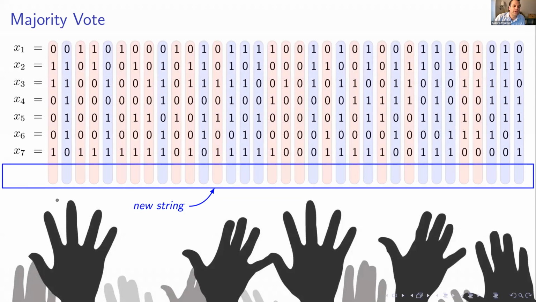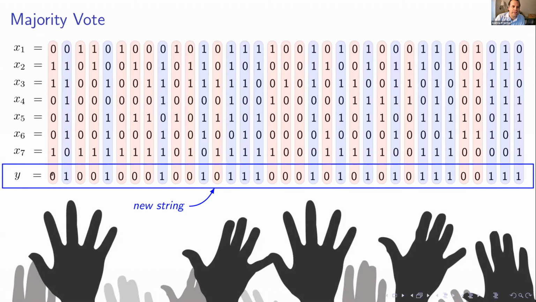So here on the slide, all of the columns that have majority zeros I've highlighted in red, and all of the columns with majority ones I've highlighted in blue.